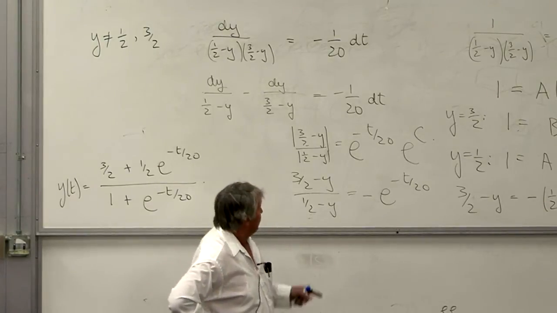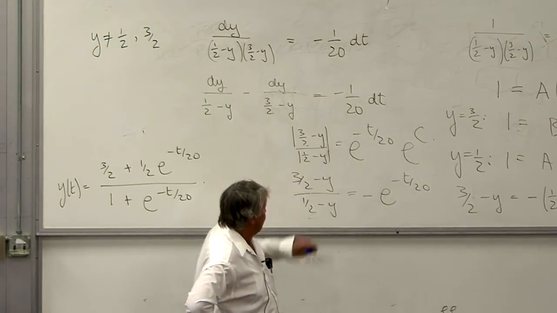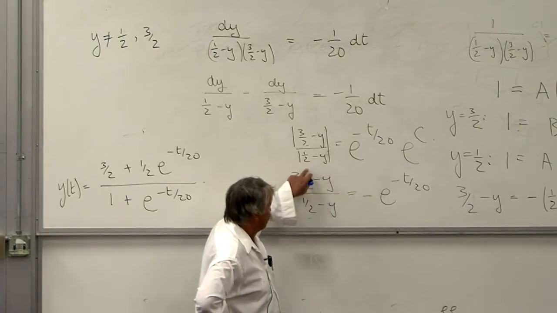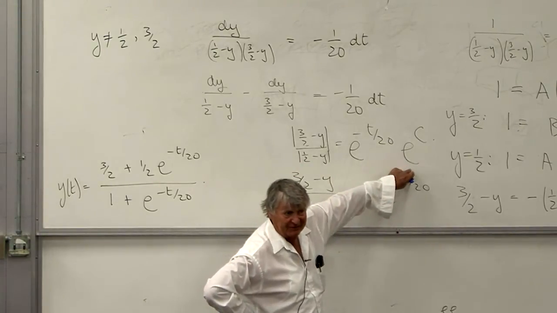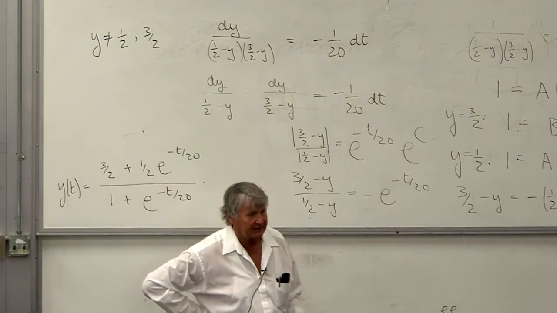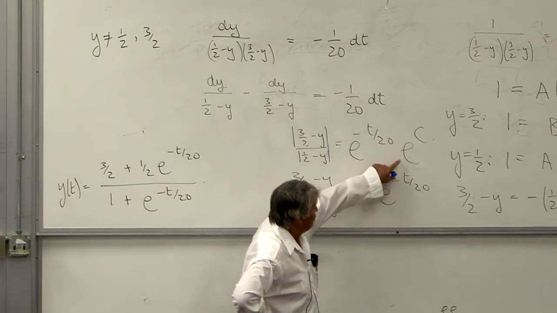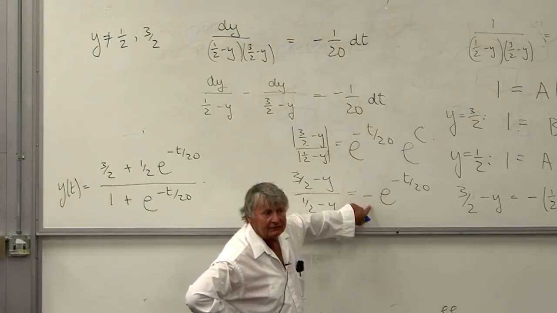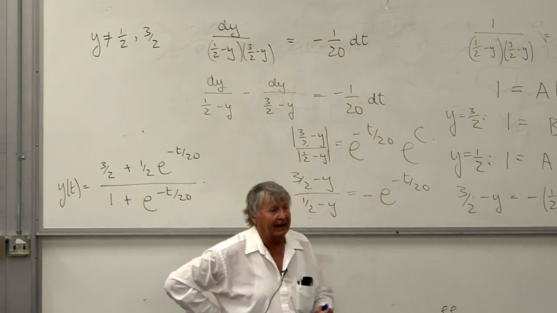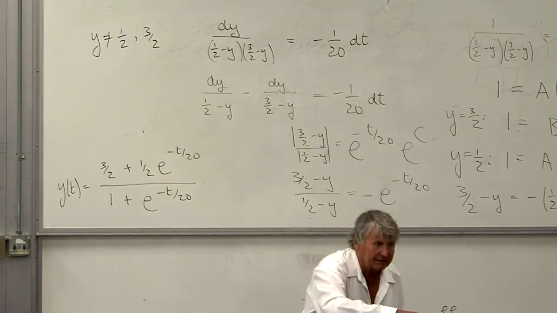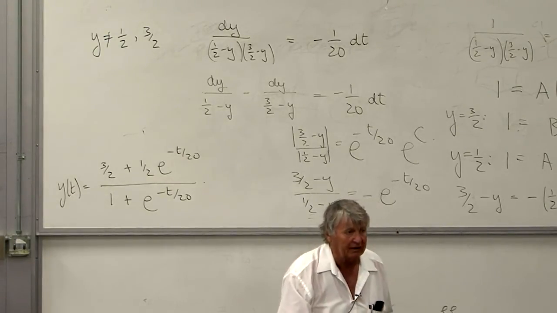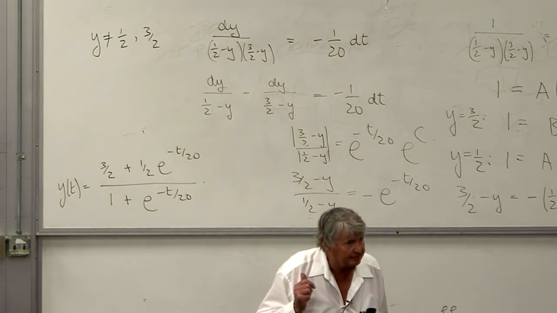An alternative way of capturing that is just to leave this as 1/2 minus y, but allow this constant here to be plus or minus. So we do that by just calling it a. The e to the c is a, except now that a can be minus or plus, and we'll discover which it's going to be from the initial condition.